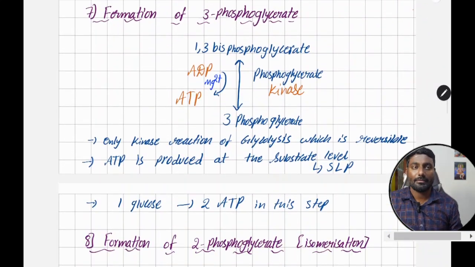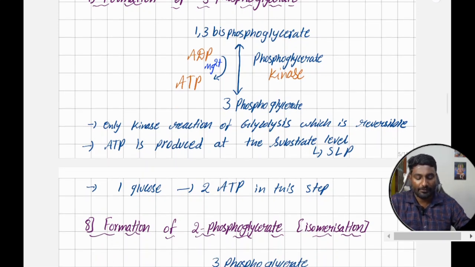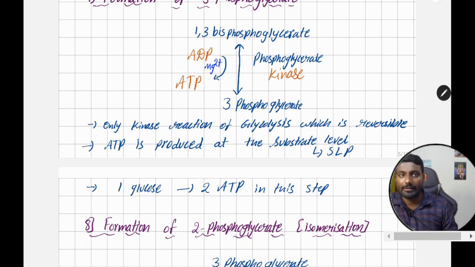Got it? Here in this step, 1,3-bisphosphoglycerate is leaving one phosphate group to ADP so that ATP is formed, and it itself is converting to 3-phosphoglycerate. Now there is another alternative cycle here. It is called Rappaport-Leuenberg cycle.